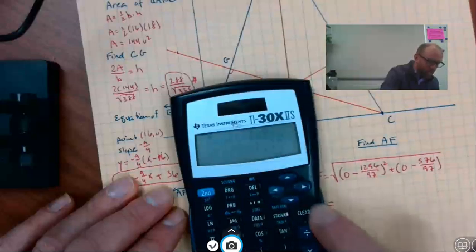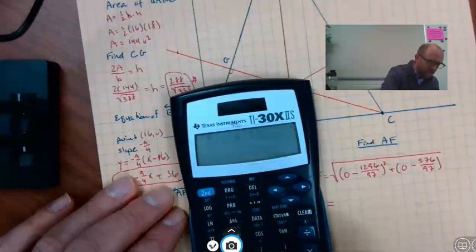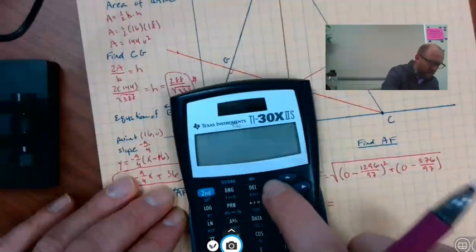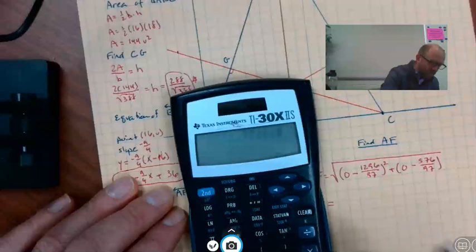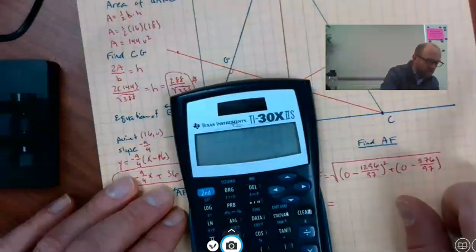Oh, shoot. Let's go clear. 576 over 97 squared plus 1296 over 97 squared. Oh, that's going to be ugly.